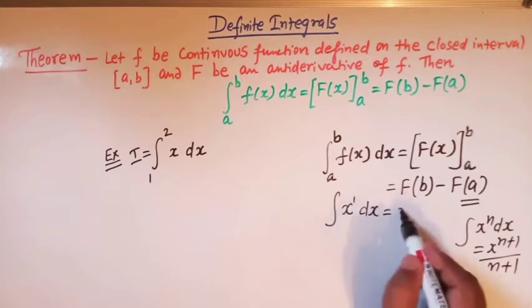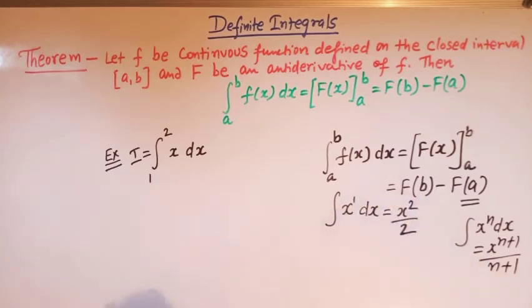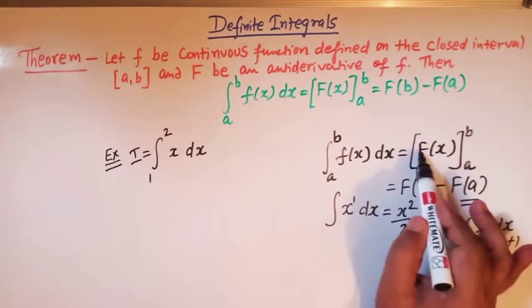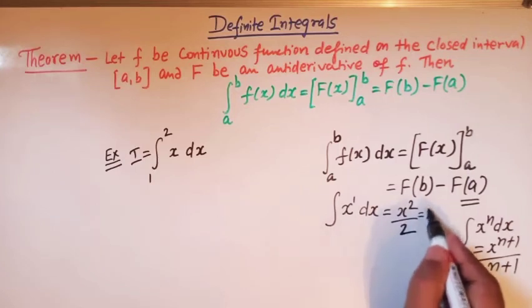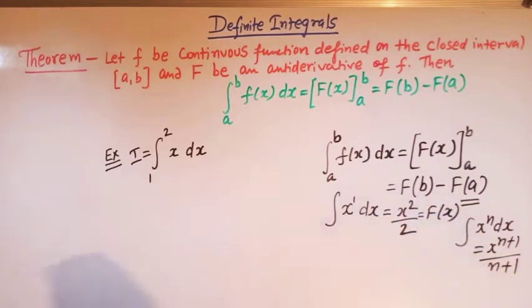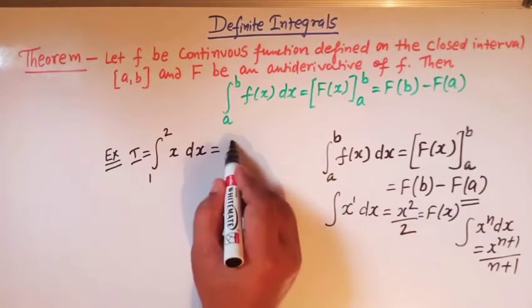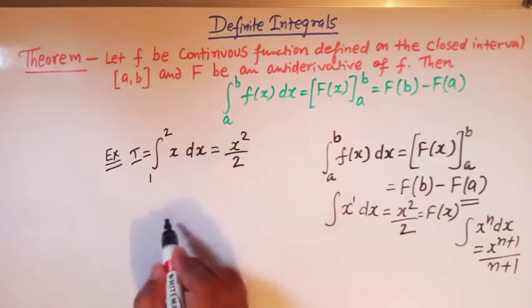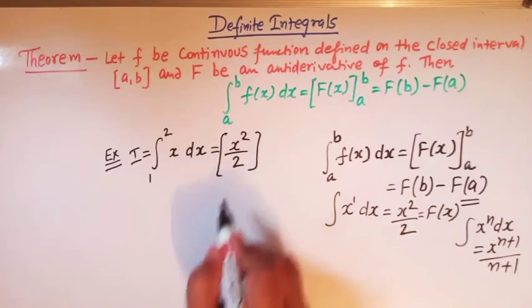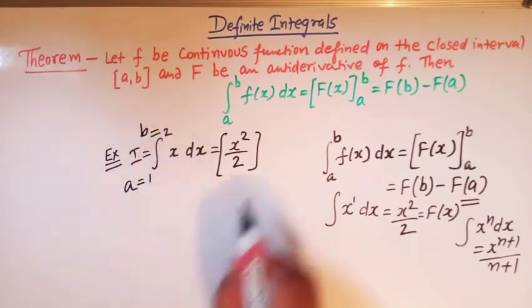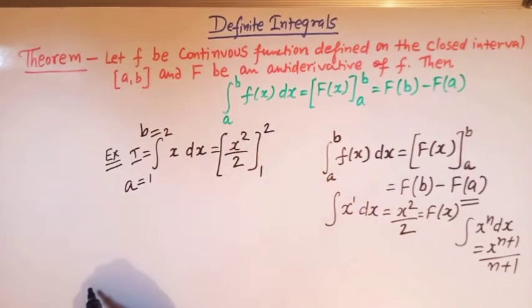So here we have x square over 2, and this x square over 2 is this function, that is capital F of x, right? Now we'll substitute this value here, that is x square by 2, and here a is 1 and b is 2, so we write 1 and 2.